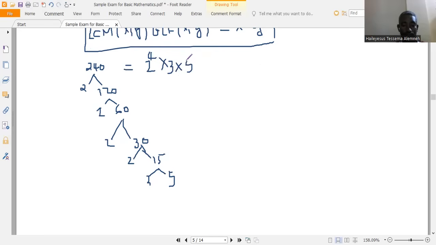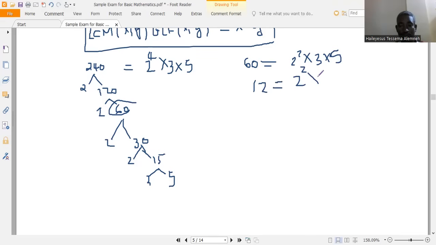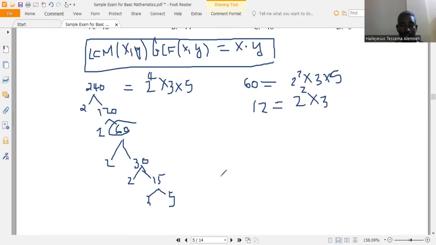The prime factorization of 60, you can count from this one to its bottom, is 2 squared times 3 times 5. And we need the prime factorization of 12. 12 is 4 times 3, which is 2 squared times 3.